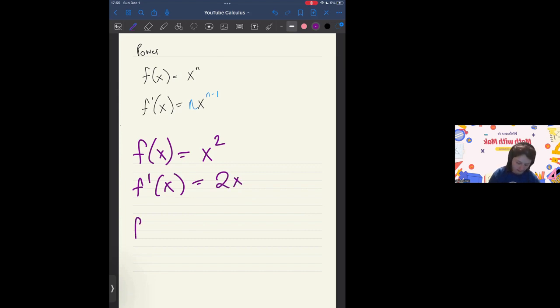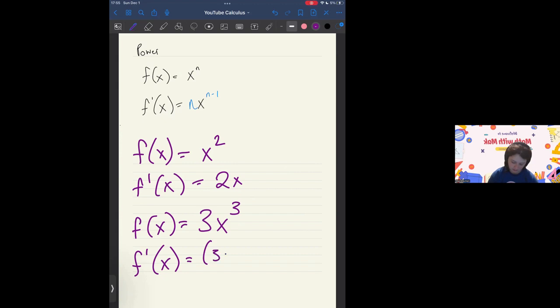Or if f of x equals 3x to the third, our f prime, or our derivative, is 3 times 3, x to the second, because I did 3 minus 1, which equals 9x squared.